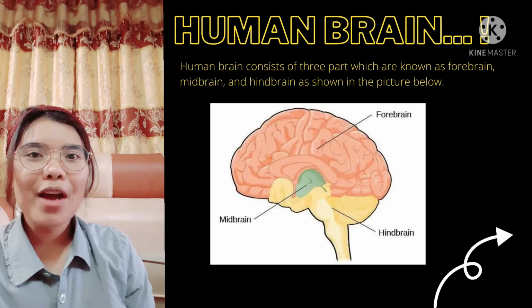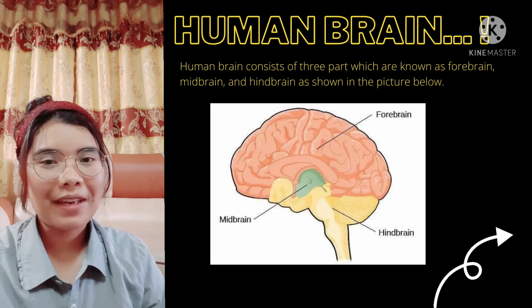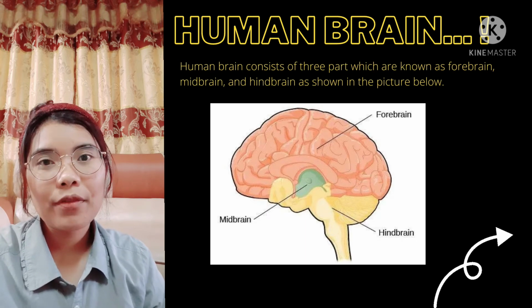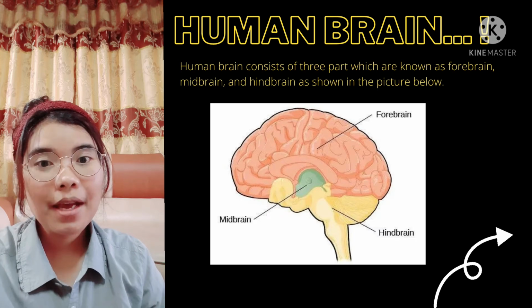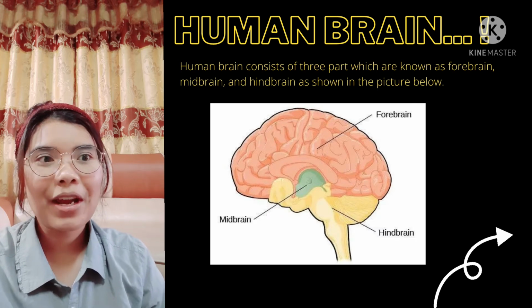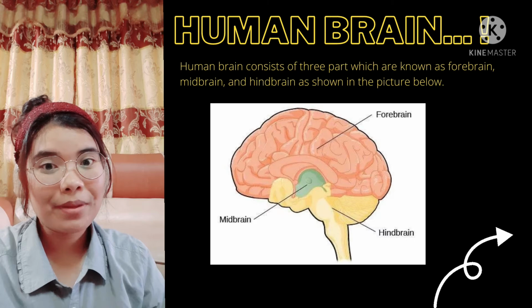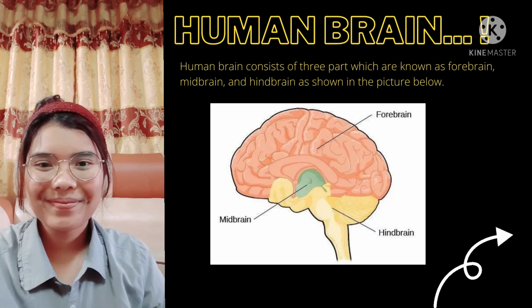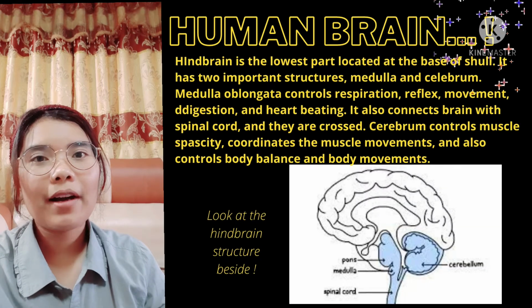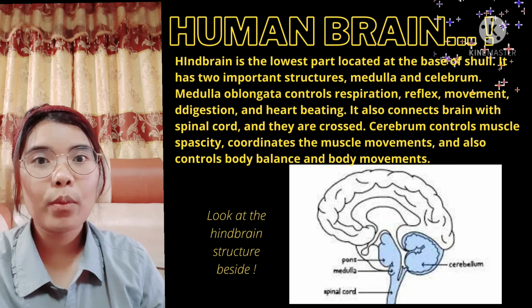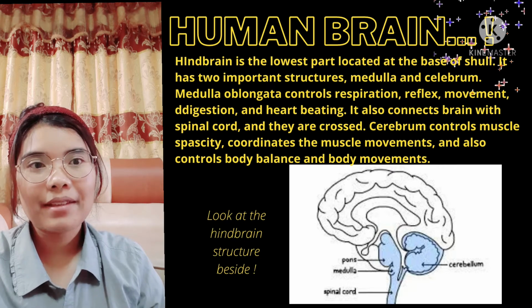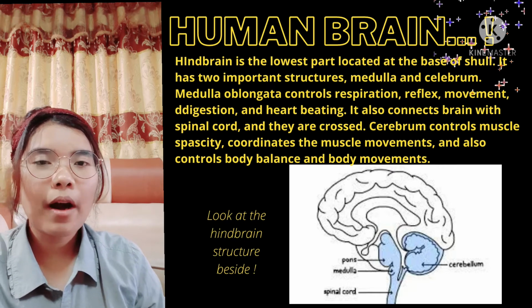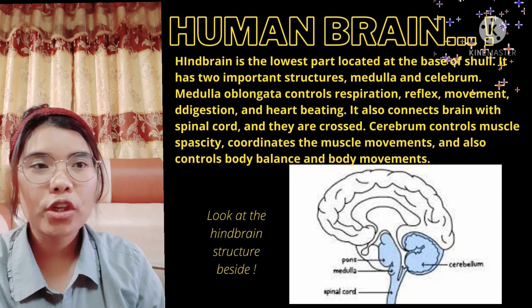And now I will explain about the human brain. The human brain consists of three parts, known as the forebrain, midbrain, and hindbrain, as shown in the picture below. You can see the picture. The first part of the human brain that I will explain is the hindbrain. The hindbrain is the lowest part, located at the base of the skull.